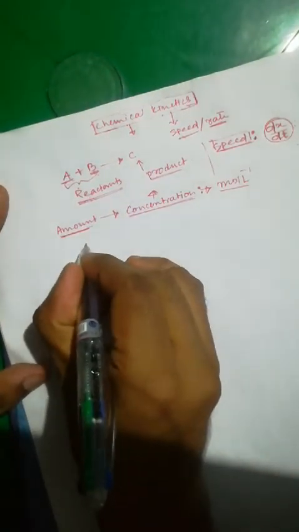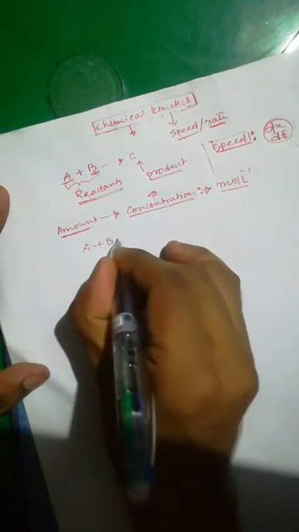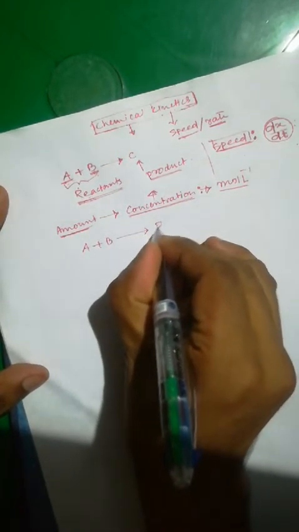Suppose these are the two reactants, A and B, and P is a product.